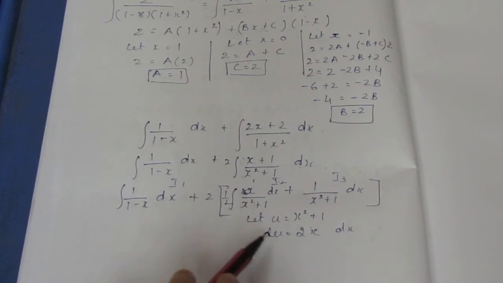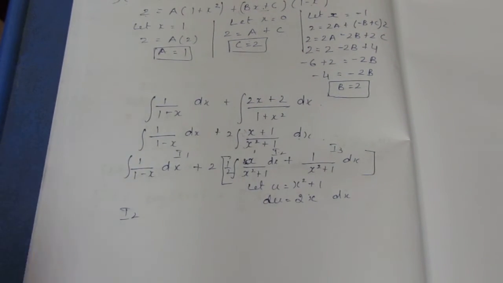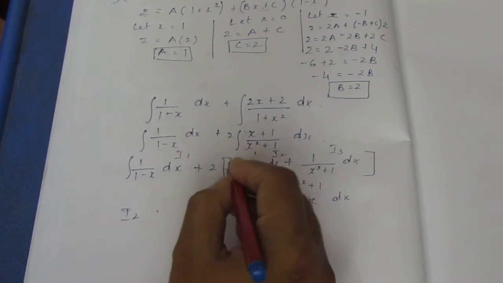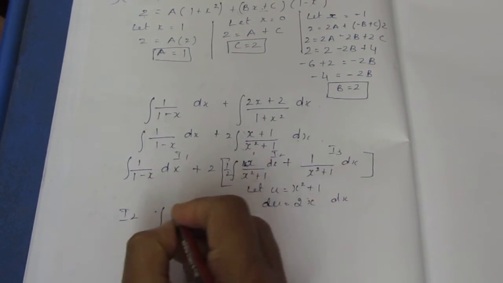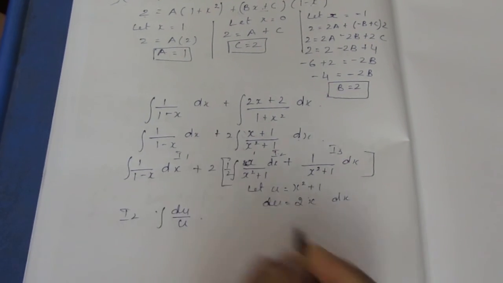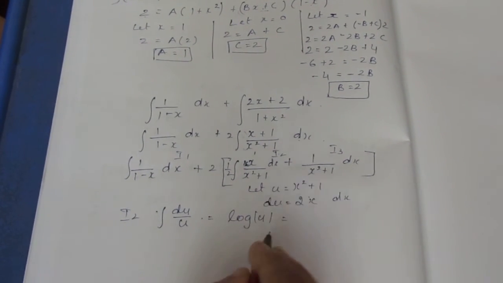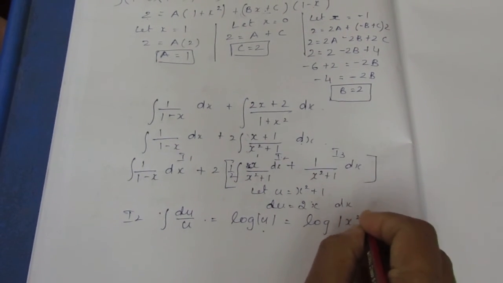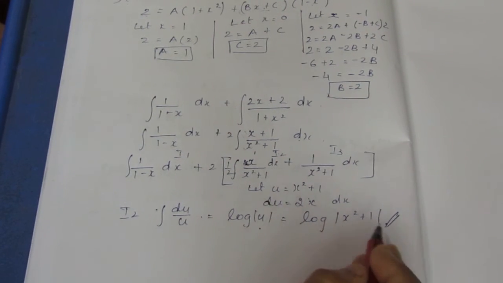I'll do only I2 for you. So I2, that is the integration, I'll do now. Without this half, let me integrate this. It becomes integration du by u, which is nothing but log u. We know that the u value is x square plus 1, so your final integration answer will be log x square plus 1.